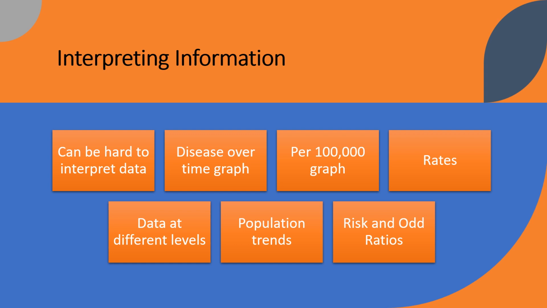The risk ratio is the rate of disease for those with risk behavior divided by the rate of disease for those without risk behavior. And the odds ratio, or OR, is regularly used to describe the likelihood of contracting a disease for someone with a risk factor compared to someone without.